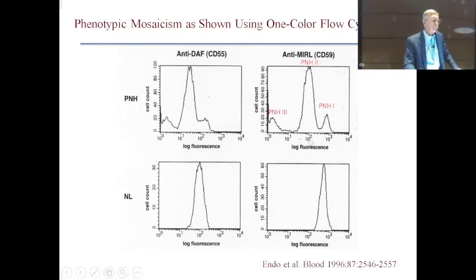So even though it looks like there's a great deal of difference between these two, because it's a log scale, this represents about 10% of normal expression. So this, again, is a normal control, 10 to the third, whereas these are 10 to the second power.